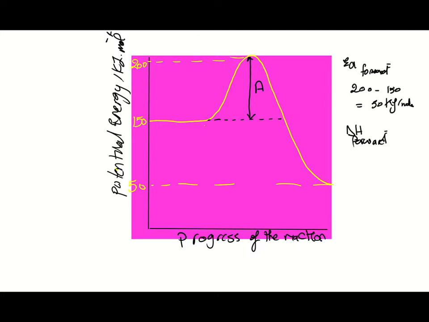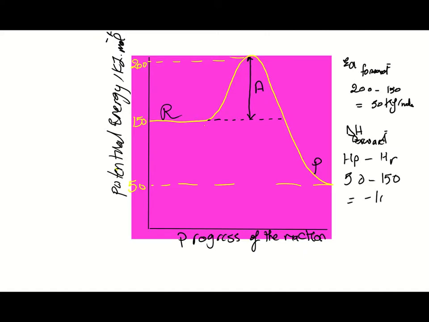So it equals enthalpy of products minus enthalpy of reactants. Enthalpy of products here equals 50. Enthalpy of reactants equals 150.